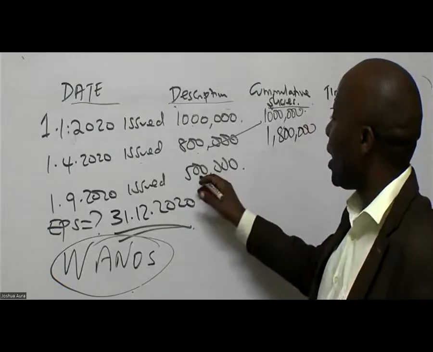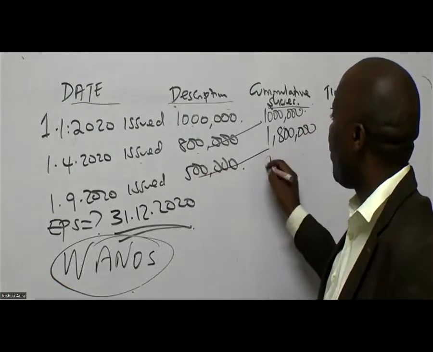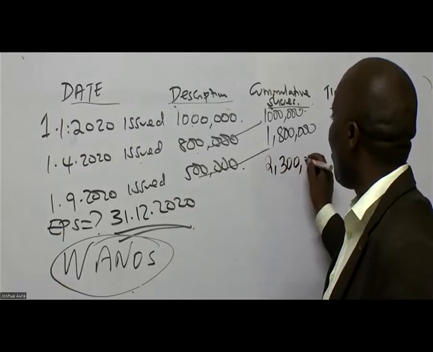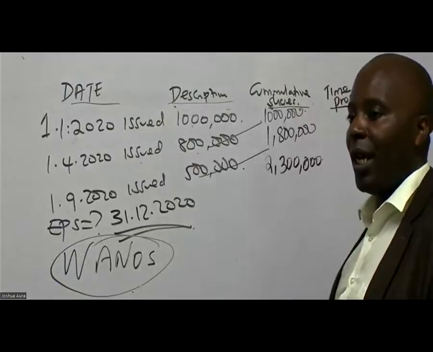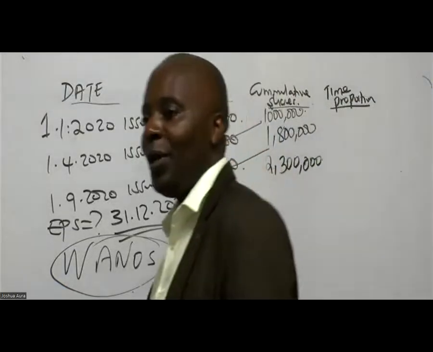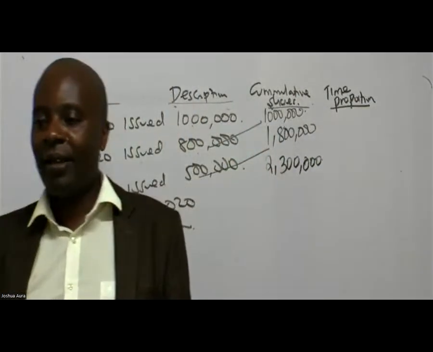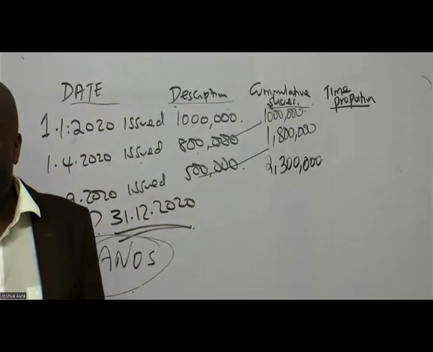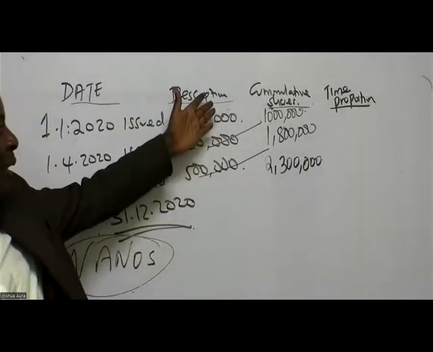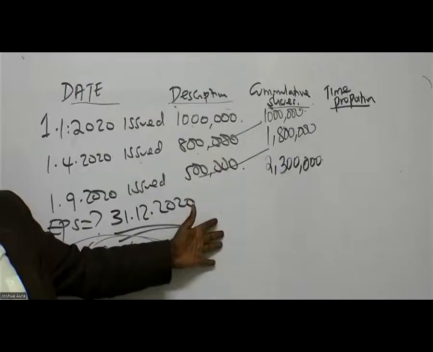The last one, please accumulate to this, which gives us 2.3 million. So first of all, are we together up to there? I've only accumulated these shares downwards.